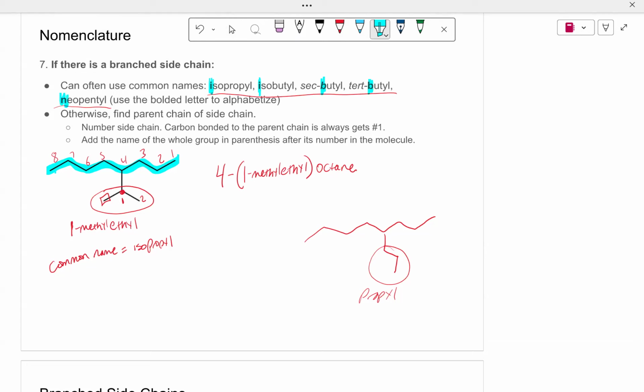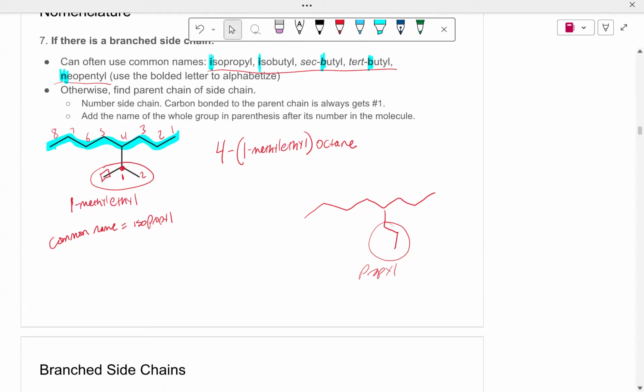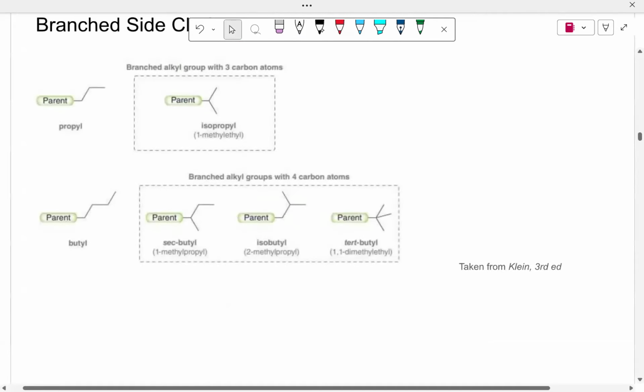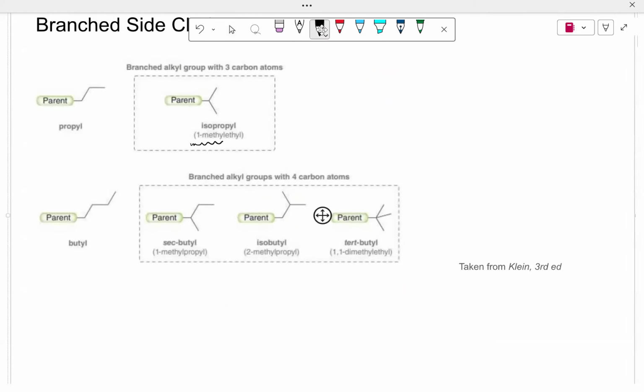So this requires a little bit of memorizing when it comes to those side chains, but you should also know how to name them with the systematic naming system and not just a common name. Again, I'll just highlight some of the list here. So isopropyl, the systematic name would be 1-methyl ethyl.